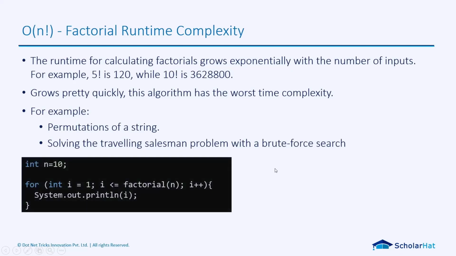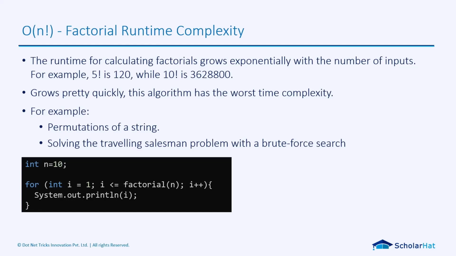So the runtime for calculating the factorial grows exponentially with the number of inputs. For example, 5 factorial is 120, while for 10 factorial, you can see the input only gets doubled, 5 to 10, but you can see how much difference there is in the output. So it grows pretty quickly. This algorithm has the worst time complexity.